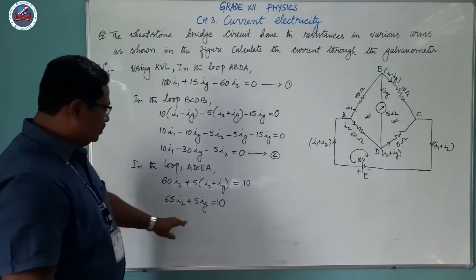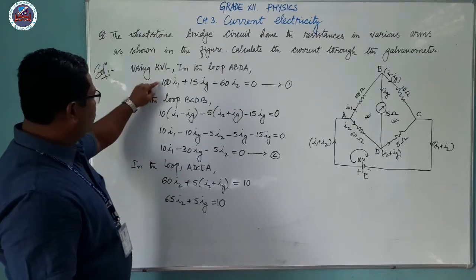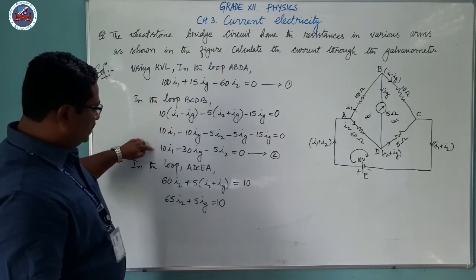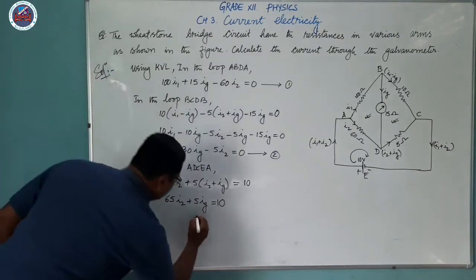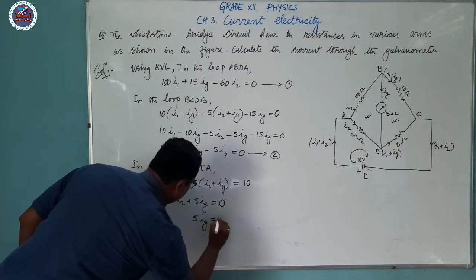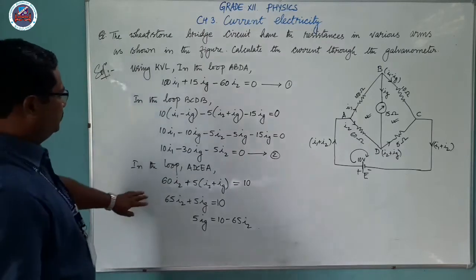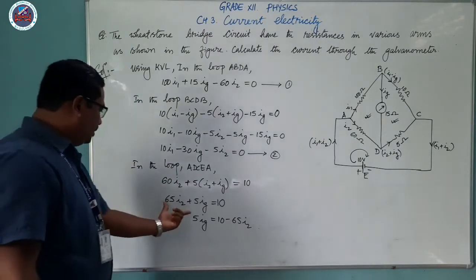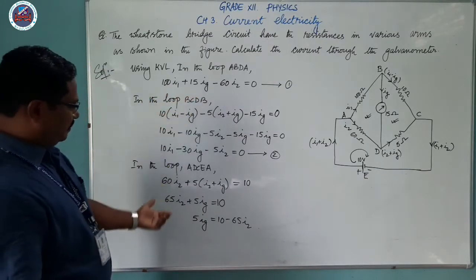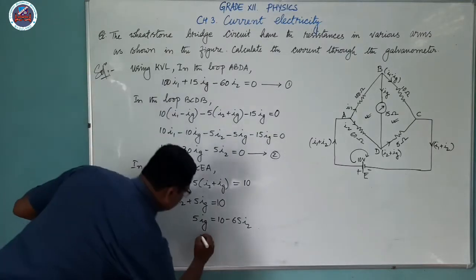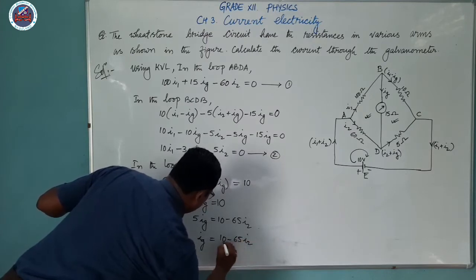With this, we will find out the value of Ig first. After finding the value of Ig in terms of I2, we will put it in equations 1 and 2. We will get equations for I1 and I2, and after that we can solve. So 5 Ig equals 10 minus 65 I2. Ig is equal to 10 minus 65 I2, divided by 5.